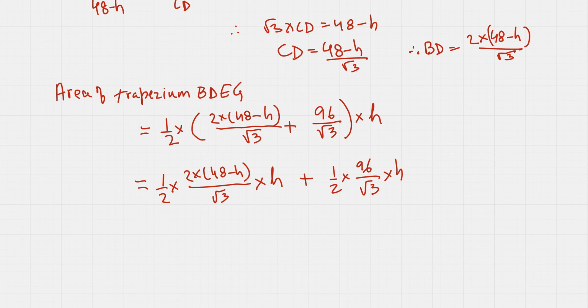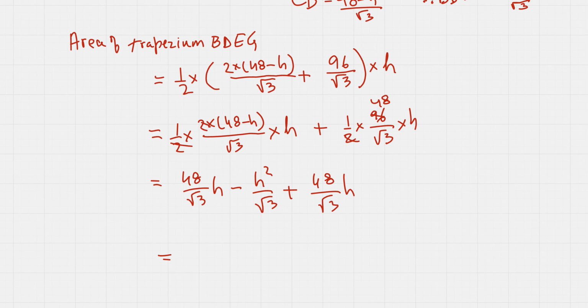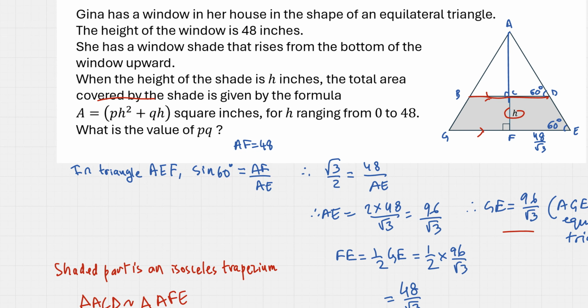Removing the bracket, the 2 goes away: 48 over root 3 h minus h squared over root 3, plus 48 over root 3 h. That is equal to minus 1 over root 3 h squared plus 48 plus 48, which is 96 over root 3 h. So according to the question, the area is given by this formula.